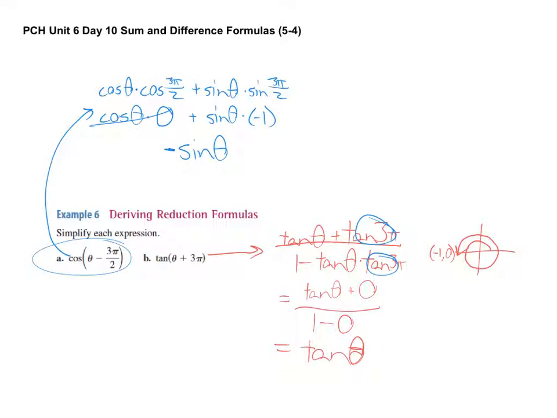Notice if I'm adding 3 pi, I'm going 3 periods down the way, so I end up at the same spot as tangent of theta, because the period of tangent is just pi instead of 2 pi. So, another interesting observation and a way that we can relate the graphs of these back to this more algebraic approach. I love algebraic approaches.